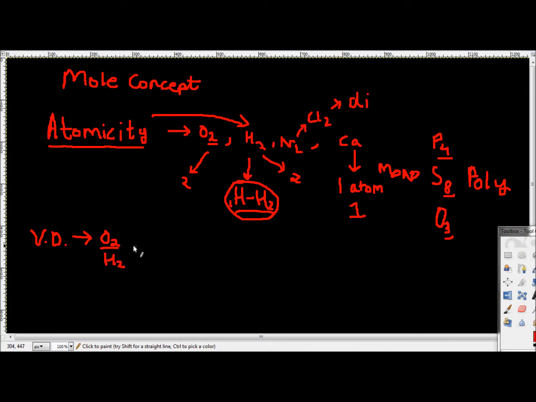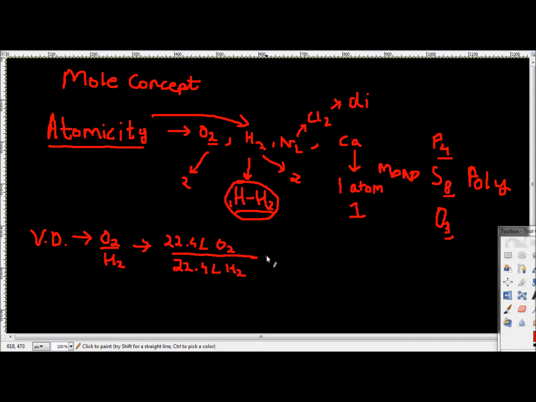So the vapor density of O2 would be, let's take any volume. So let's take 22.4 liters. As we know that if we take 22.4 liters of any gas, it'll turn out to be 1 mole of the gas. So 22.4 liters O2 upon the same volume of hydrogen, so we have to take 22.4 liters H2.